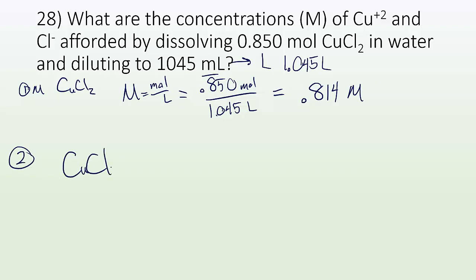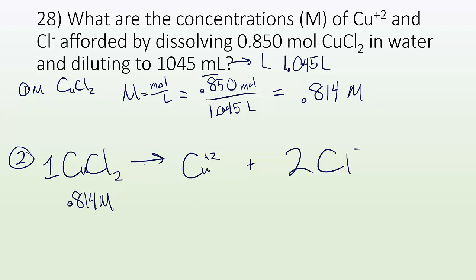I start with copper chloride, and it's going to break up into the copper 2+ ion and 2 chloride ions, because it's CuCl2. They're going to split up and be 2 independent chloride ions. So that's going to be the relationship for the concentration. I found copper chloride as a whole to be 0.814 molar.